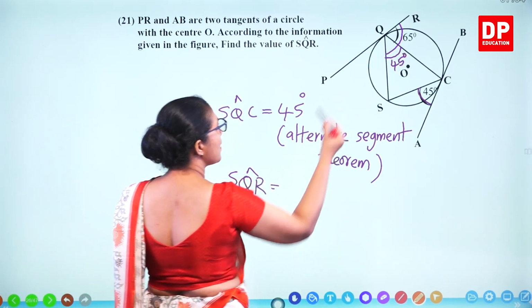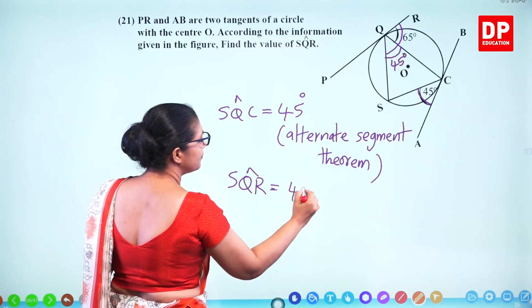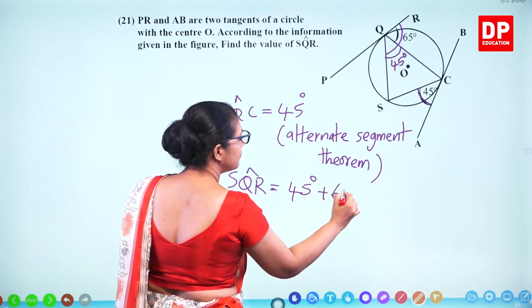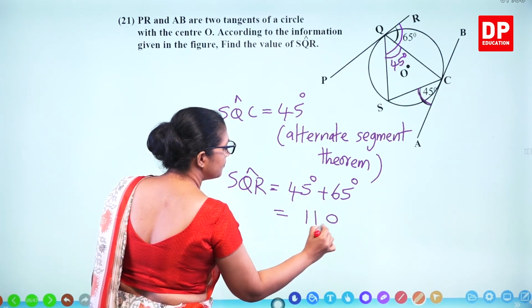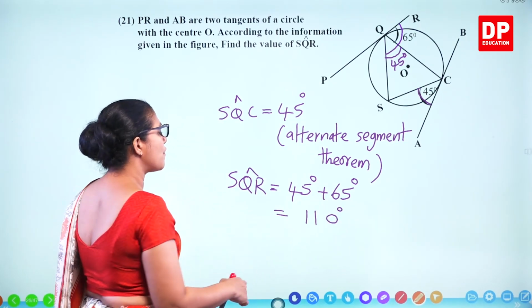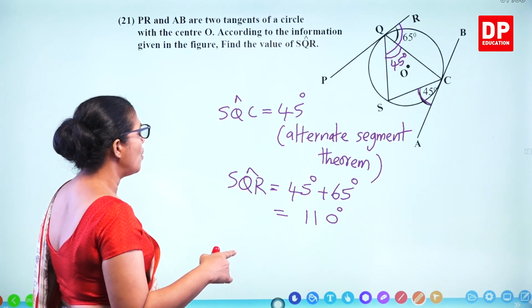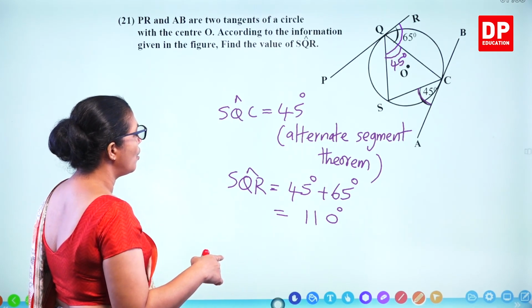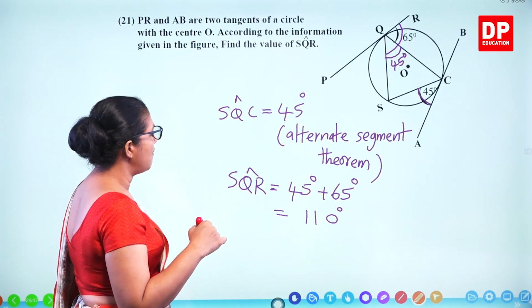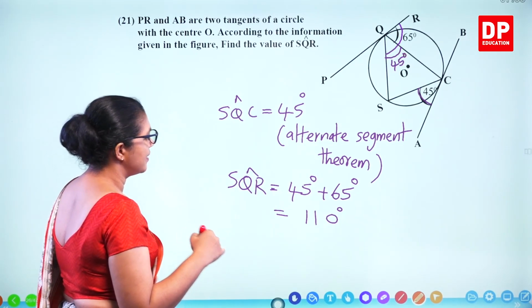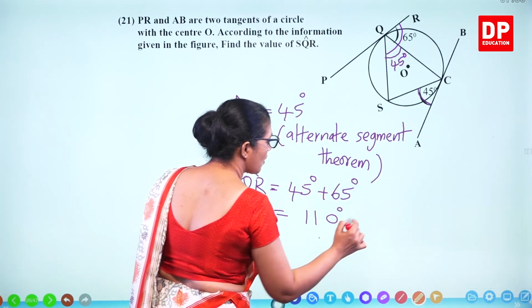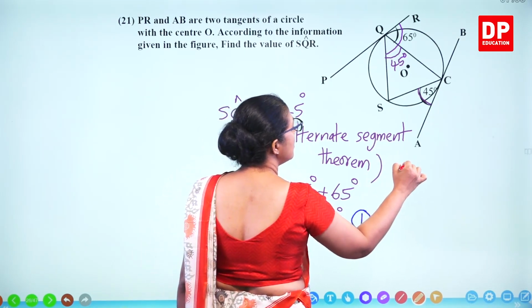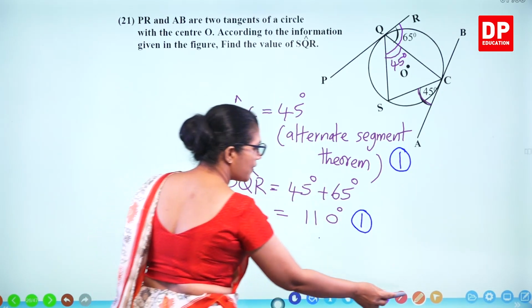SQR is 45 plus 65. 5 plus 5, 10, and 6 plus 4, 10 and 1, 11, 110. So here, 1 mark here and 1 mark for the method.